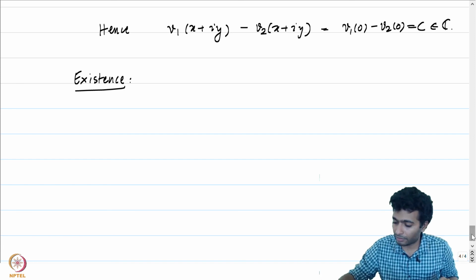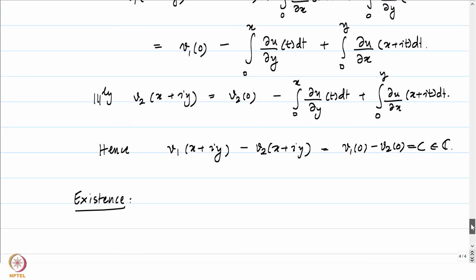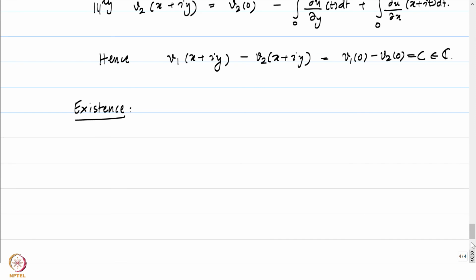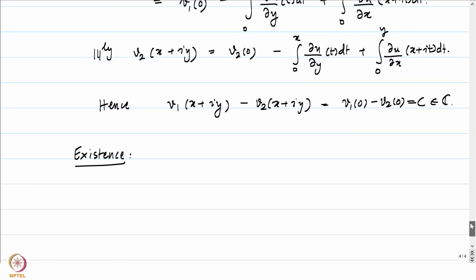And to do that, we will use the fact that we did manage to write something about the function in terms of u. So let's use that expression to define what a candidate for v would be. After all, it's only going to be defined up to a constant, right?